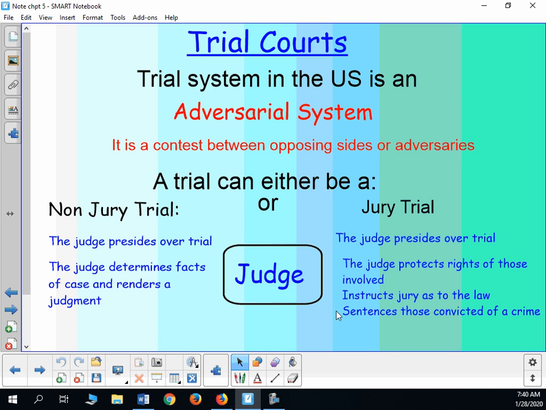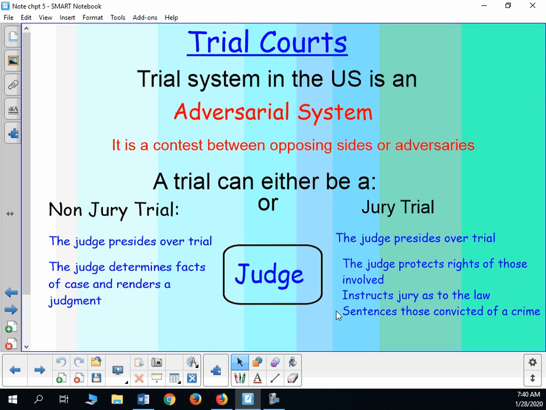So here is kind of a breakdown. We're talking about first the lowest level in the court system, which is the trial courts. Now, when I call it lowest, it doesn't mean it's unimportant. It's just the first step, if you will. And as such, it plays a big role in this total package of the court system.